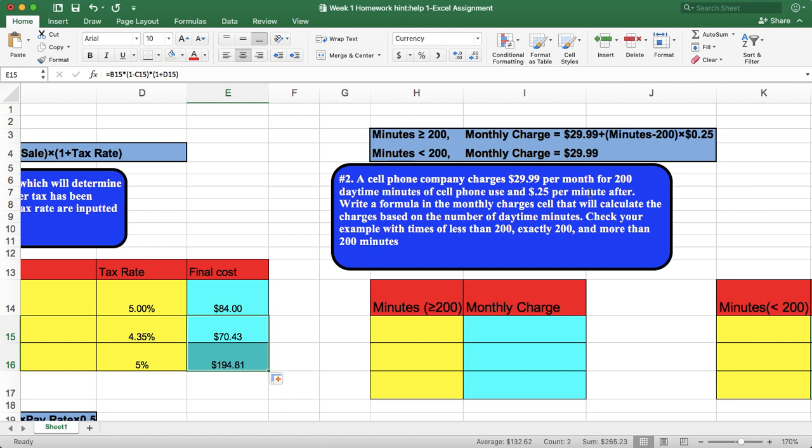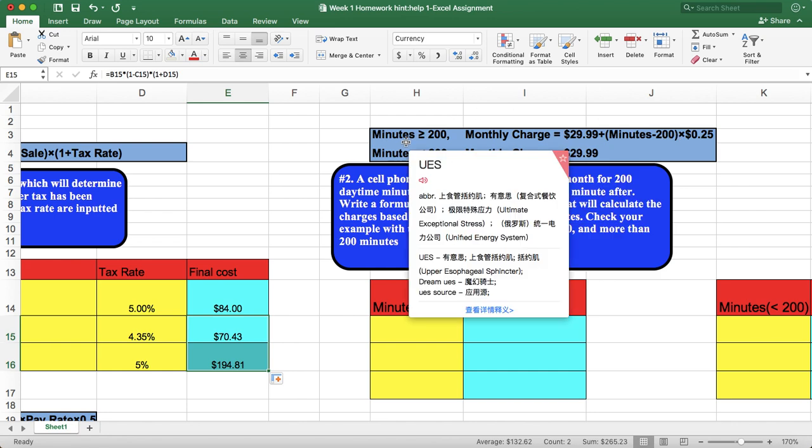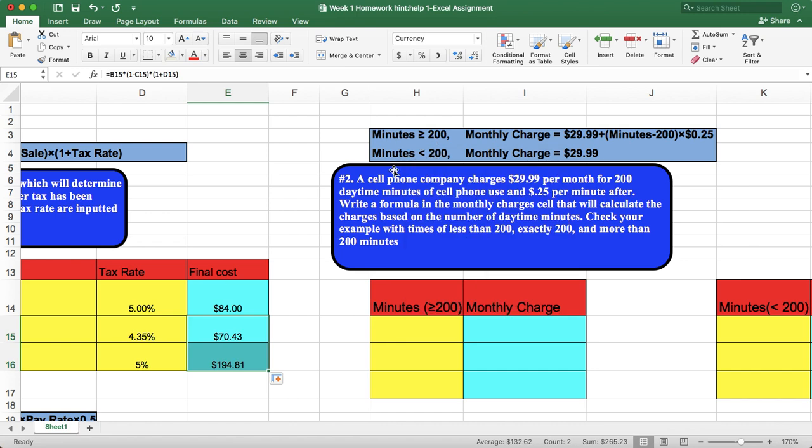How to calculate the minutes after? The monthly minutes minus 200, times $0.25 per minute. This is the first scenario, if the minutes are equal to or above 200.